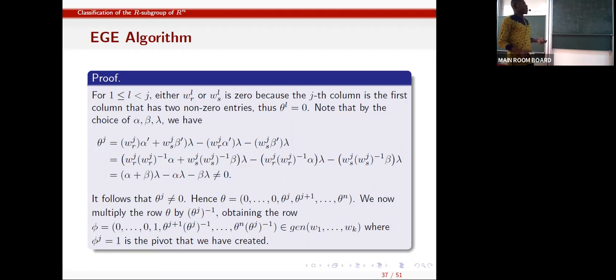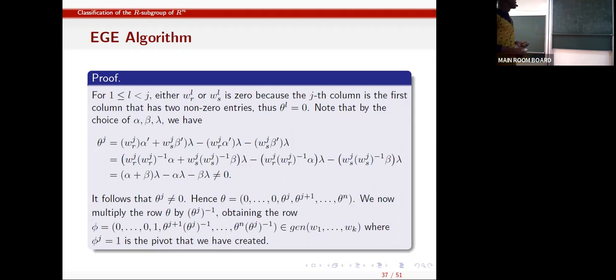Now, as we want to find phi, we multiply this new row by the inverse of this entry. And this will give us a row phi. This phi contains 0 up to 0. Now, at the J-th entry, we have 1. And then we have some non-zero entries here, in the new row that we create.